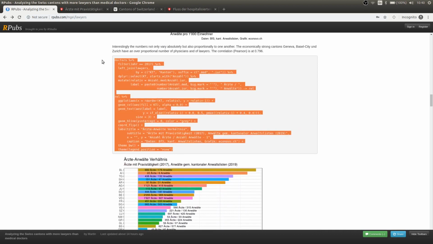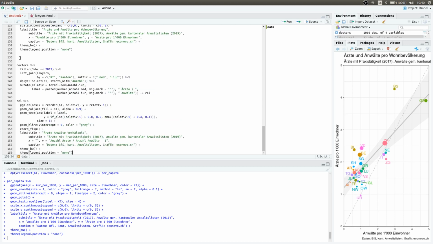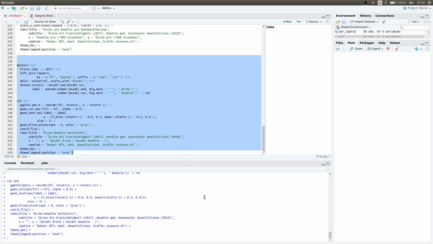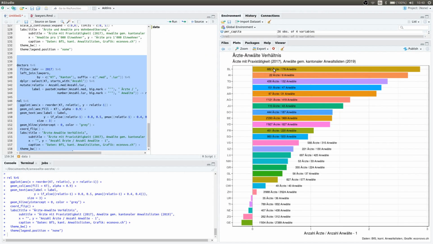Also interesting here, just from trying to understand the data, is the number of doctors per lawyer. So you see there's some cantons such as Basel countryside, which have a lot of doctors and fewer lawyers.